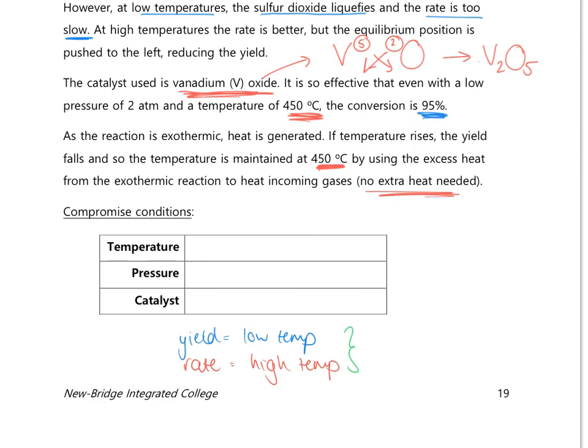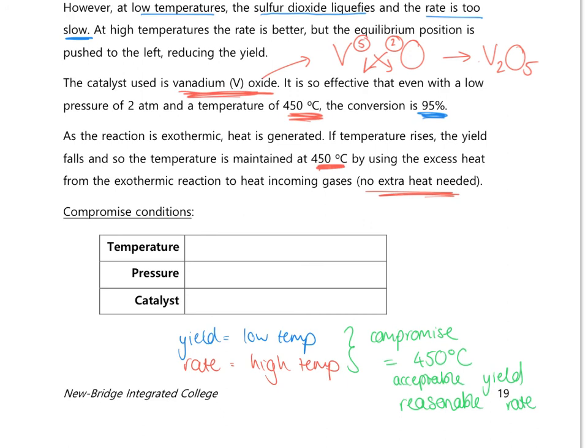So in industry, we have to accept that there must be a compromise between these two. The compromise is that you do it at a temperature of 450 degrees, which means that you get an acceptable yield at a reasonable rate.